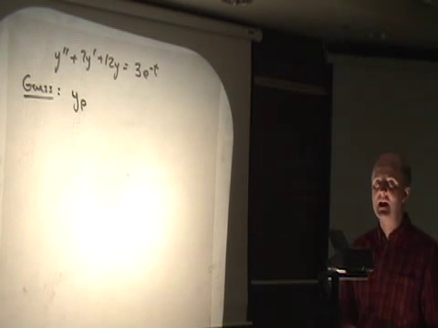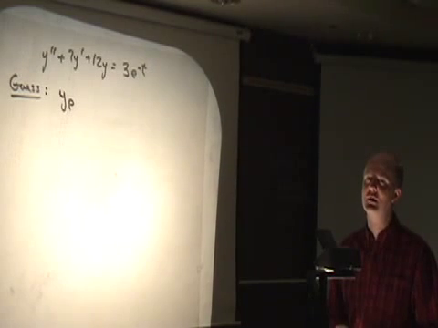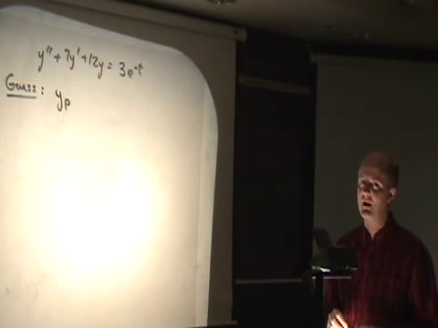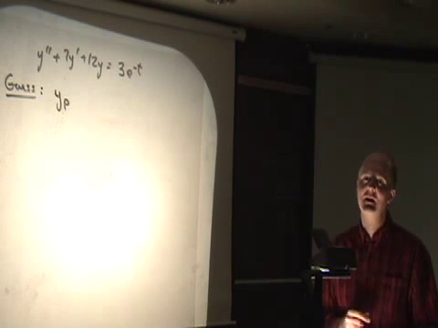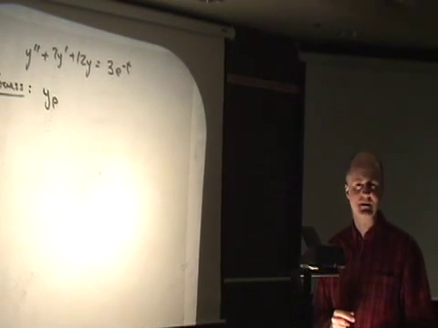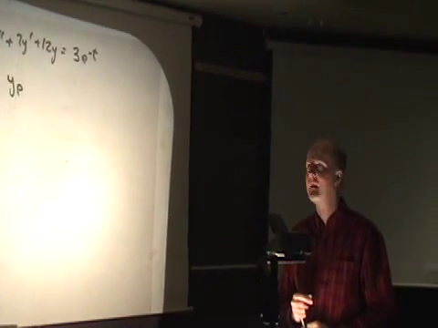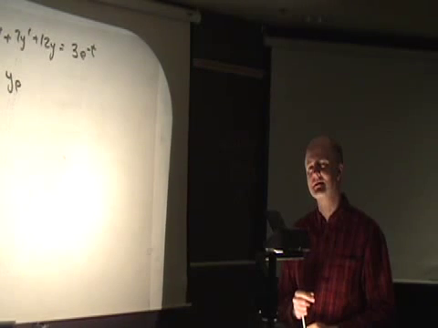Out pops 3e to the negative t. Euler's formula notwithstanding, it sounds like trig functions, cosines and sines, are probably not good guesses here. We're sort of ignoring our knowledge about complex numbers, thinking in terms of what you learned in first-year calculus. Cosines and sines don't sound like good guesses; you're going to get cosines and sines back out. e to some power sounds like a good guess.